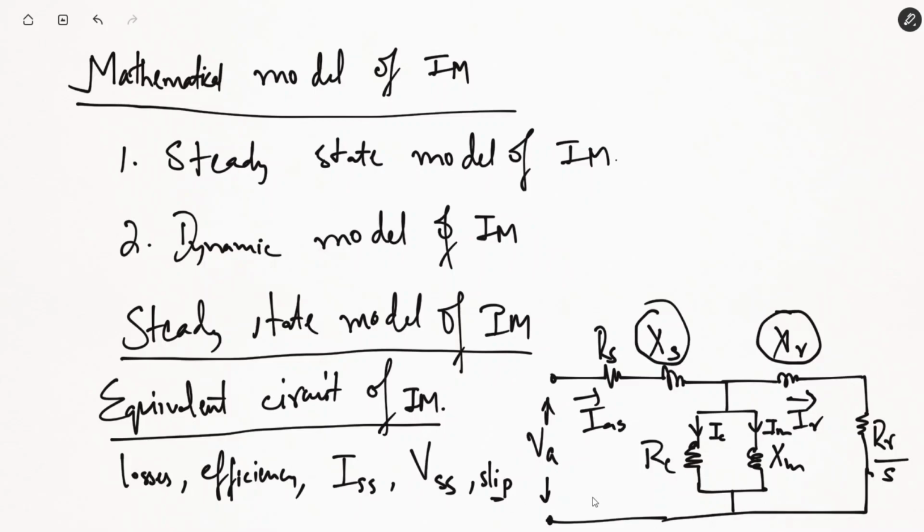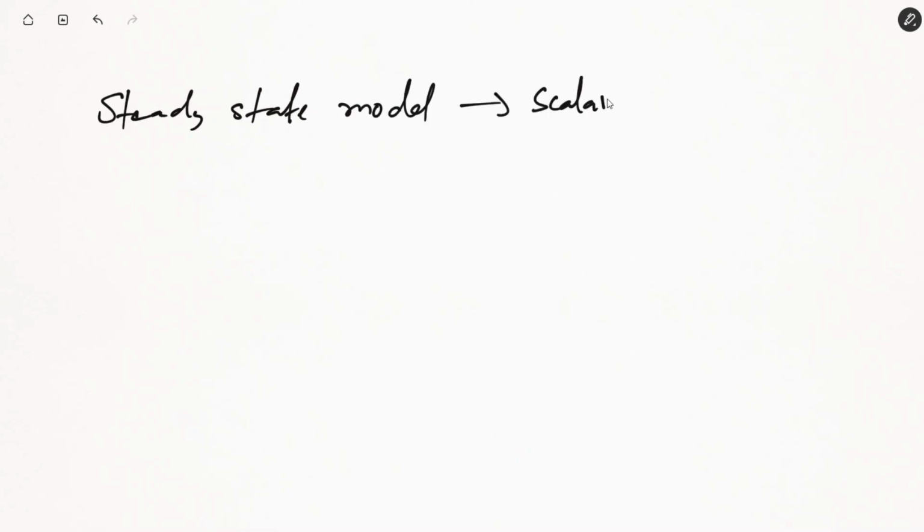This model, this equivalent circuit, can be useful for scalar control strategies. So the steady state model is useful for scalar control of induction motor.